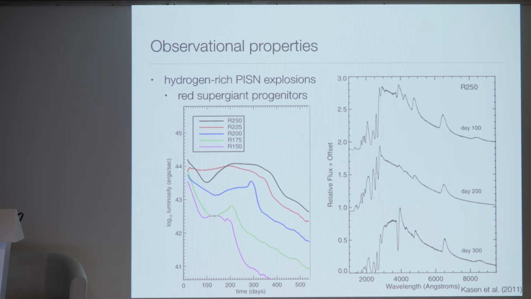If there's no nickel, you basically see a plateau phase, and then it just declines. But you start to see a kind of second bump here, and these are basically caused by the heat from the nuclear decay. And as the mass gets higher, this luminosity gets higher.